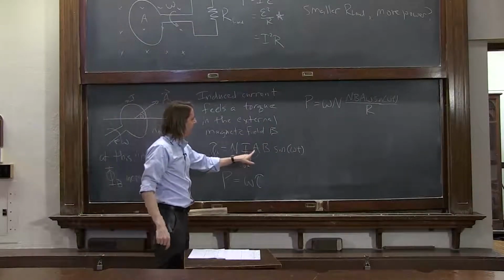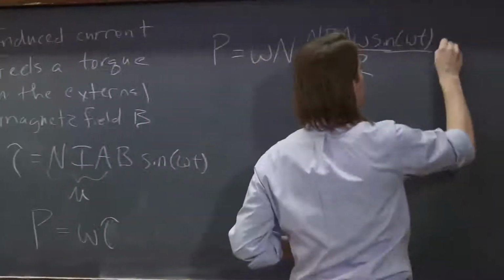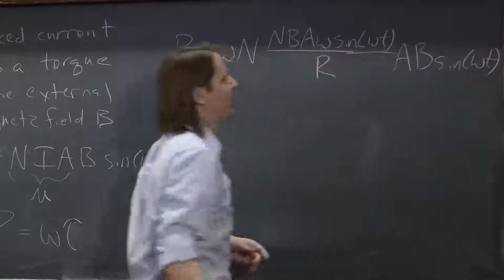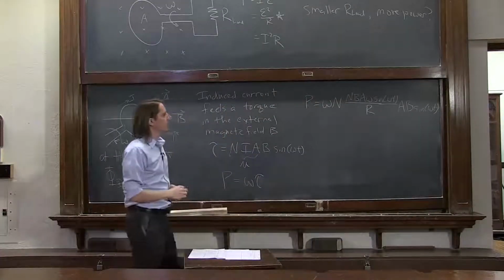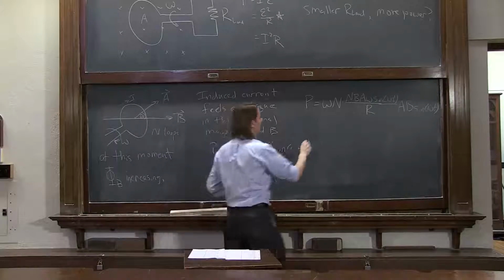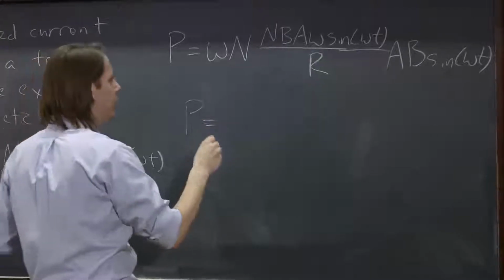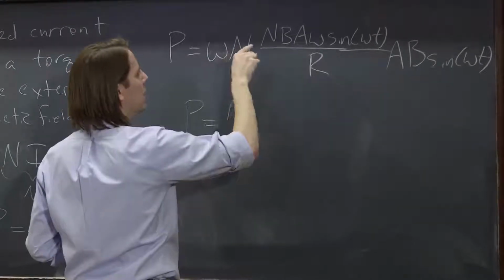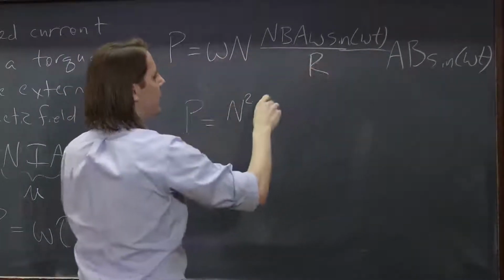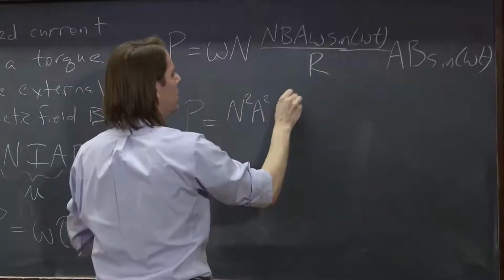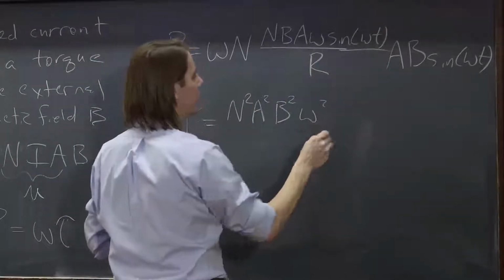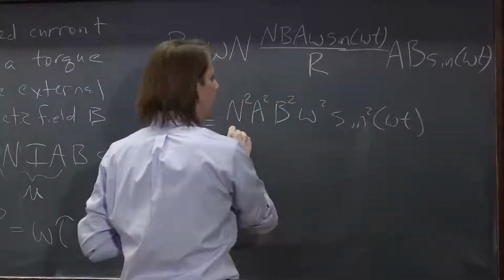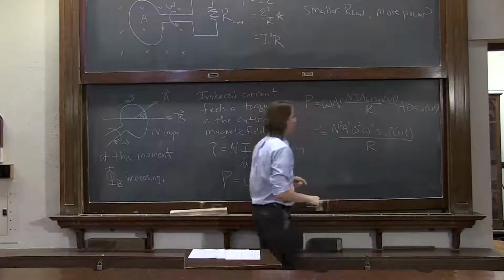And that's just I. Now we need AB sine omega t. All right, so let's put all that together, and we get that the power due to the mechanical work we're having to do is N squared, A squared, B squared, omega squared, sine squared omega t, all over the resistance R.